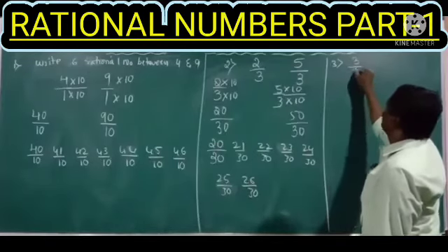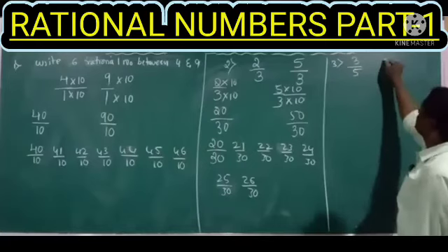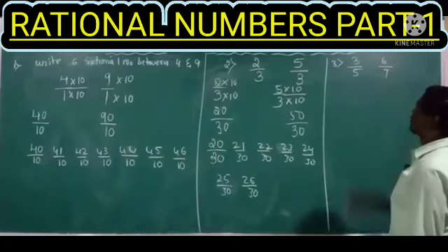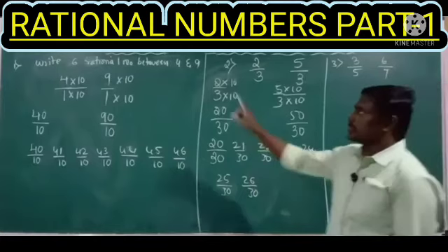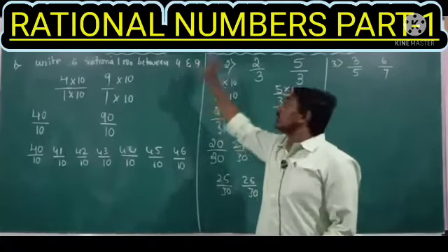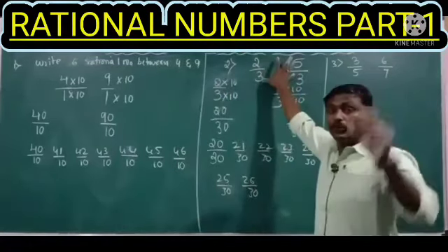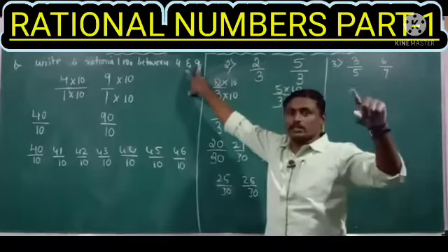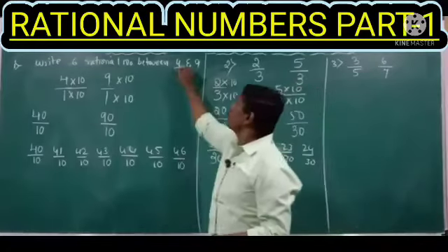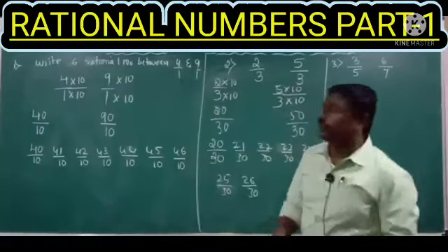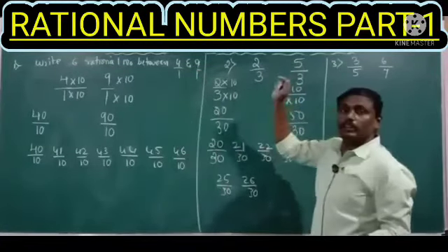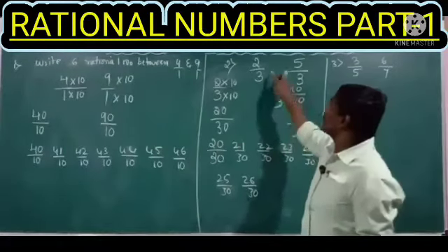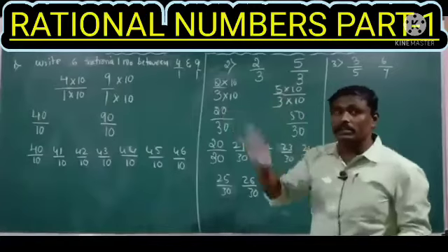3 by 5 and 6 by 7. In the first method I am taking directly two numbers. In the second method I am taking two rational numbers, in that the denominators are same.